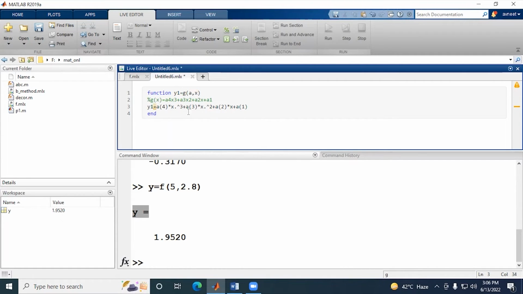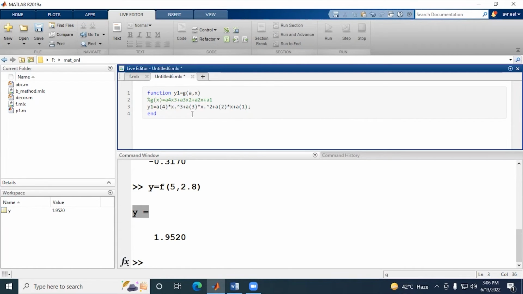Okay, so this is how we can make our equation in a Matlab syntax. This is my equation in the question, and this is my equation in Matlab. Proper syntax is very important whenever you're writing your equations.